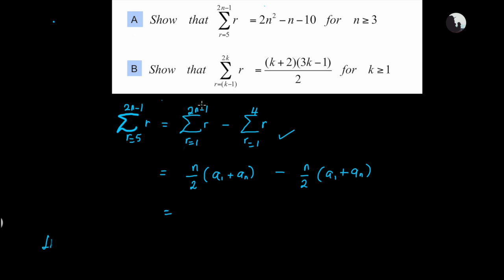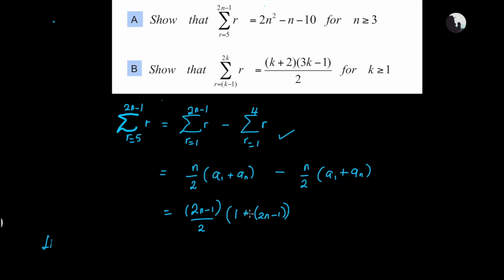Therefore your n will be 2n minus 1 in this case. So divided by 2, then what is your first term? Your first term for this particular sigma notation, when you replace r equals 1 into these general terms, is simple. So your first term will be 1. And your nth term, because we are going to stop at 2n minus 1, will be 2n minus 1.